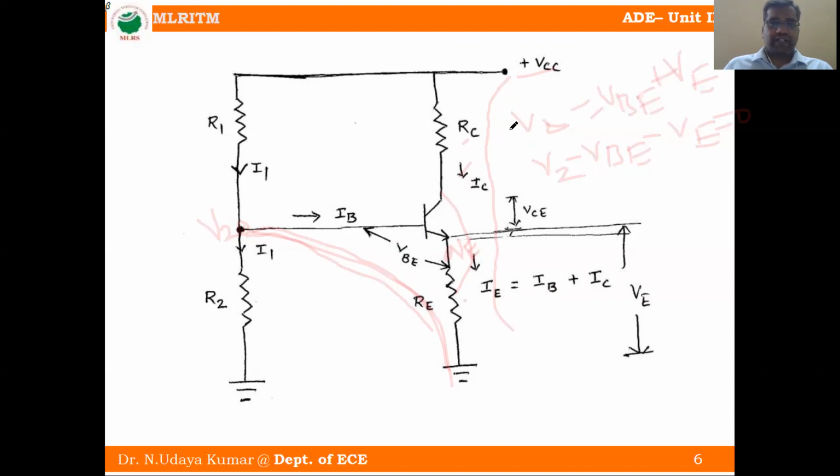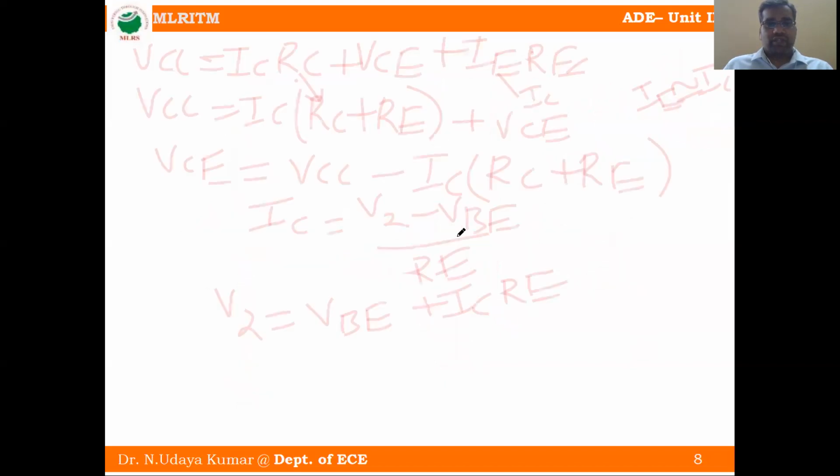So whenever IC increases, the voltage across the emitter resistance increases, which in turn reduces IB, and this in turn reduces IC to its original value. So that is the analogy. So here also it is independent of temperature. Okay, here also it is independent of temperature.